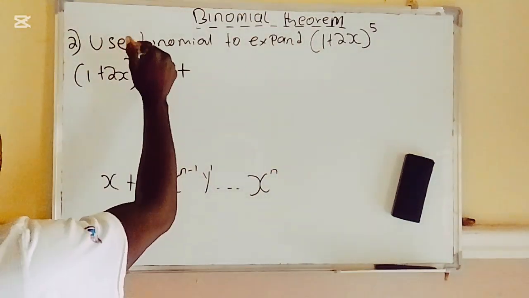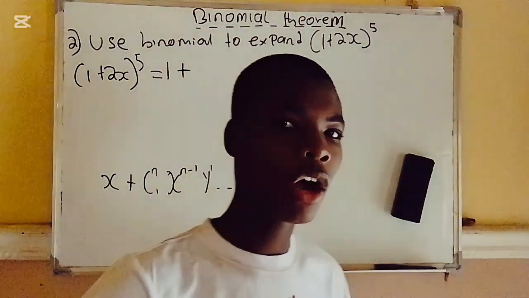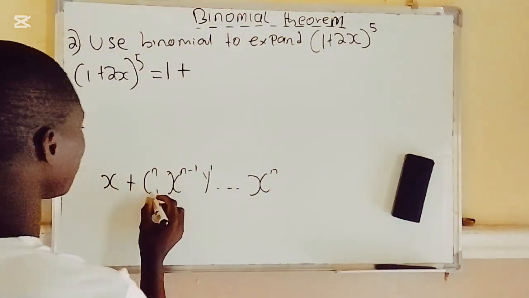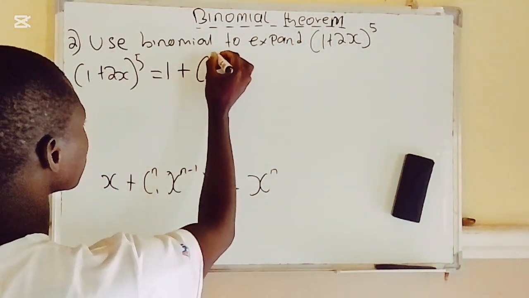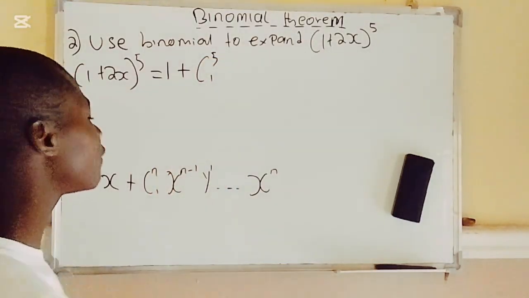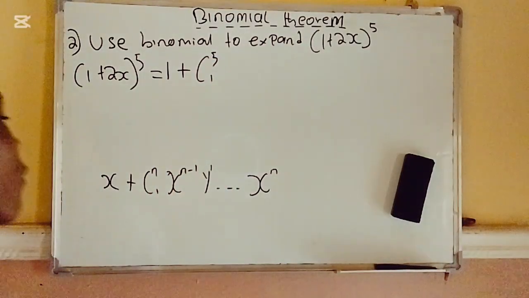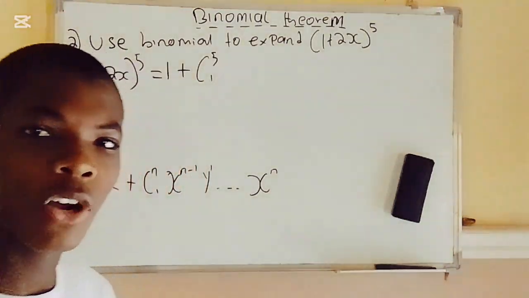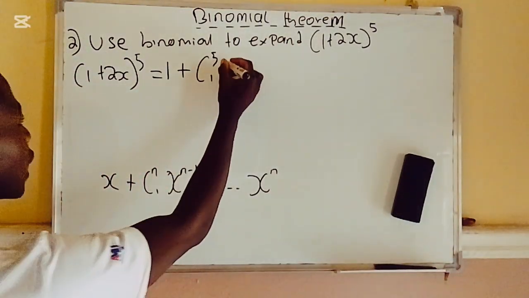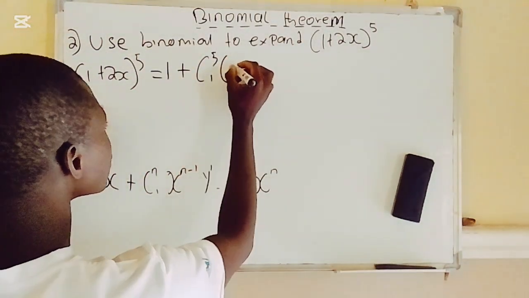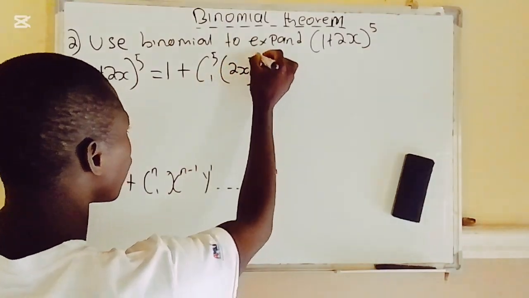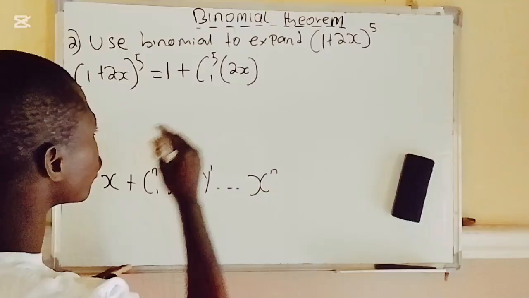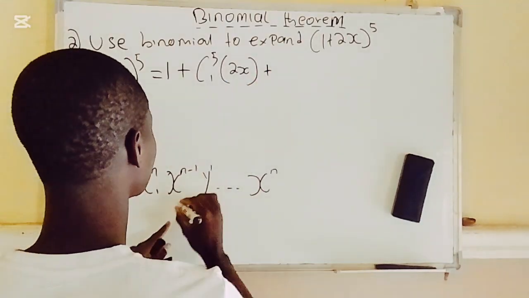But this is the power of 5, so we are going to do it up to 5. So I have the value of combination 5 of 1. I don't have the value of x, which is 1. If I multiply any number with 1, I will get exactly that number, so no need of putting the value of 1. So I will just put the value of y, which is 2x raised to the power of 1, which is the same as leaving it as is.